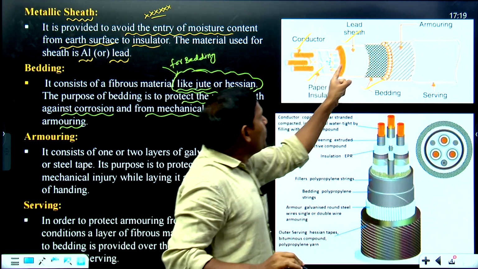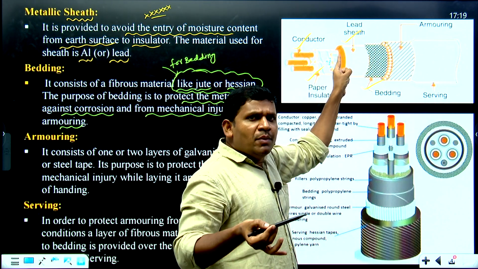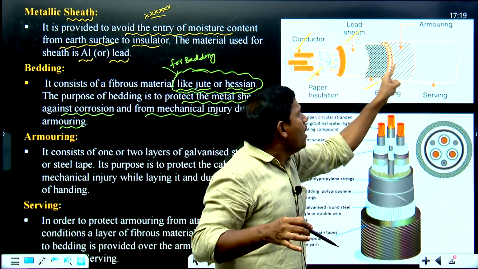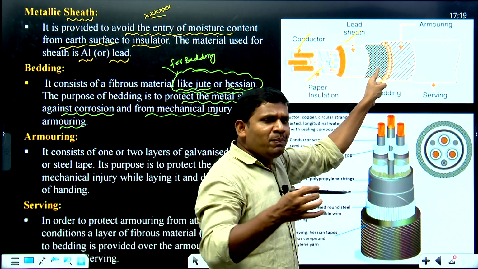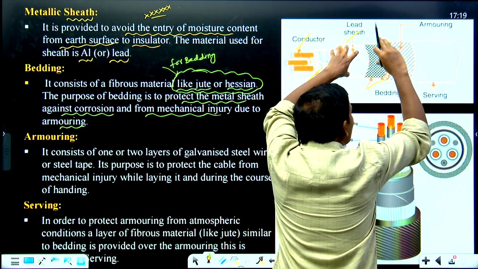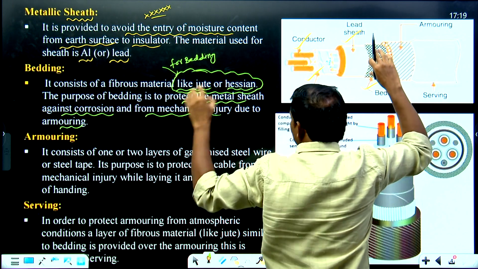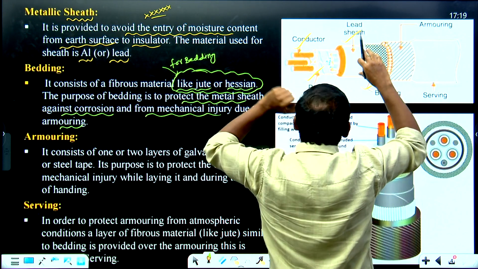For that purpose, in between the lead sheath and armoring, we are placing the bedding. It is made with a material like jute or hessian.